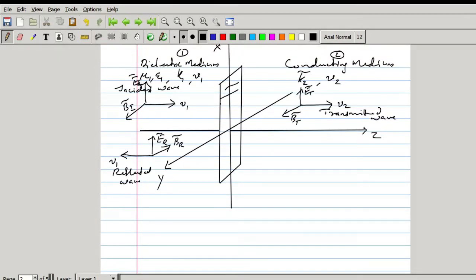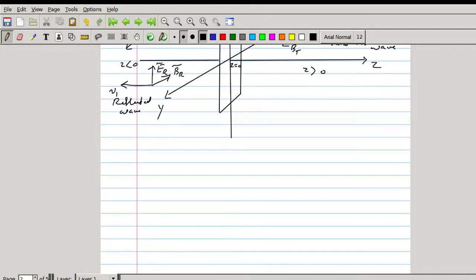The boundary is at z equal to 0. Here z is greater than 0, and on the left hand side z is less than 0. So at the boundary at z equal to 0, the combined wave on the left hand side should join with the combined wave on the right hand side.